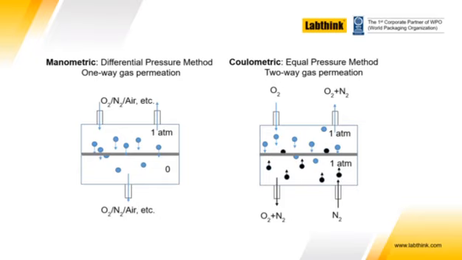And the reason for this is that the process of permeation follows the principle of molecular movement from a high concentration site to a low concentration site. And so on one side, you have a high concentration of oxygen, that's your test gas. And on the other side, there is a high concentration of nitrogen, that's your carrier gas.